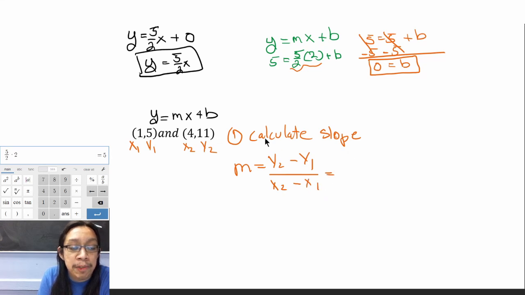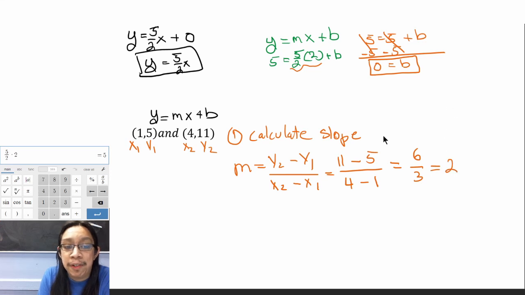Okay, so y2 is going to be 11 minus y1 is going to be 5, divided by x2 is going to be 4 minus x1 is going to be, or sorry, x1 is going to be 1. So let's simplify. 11 minus 5 is 6. 4 minus 1 is 3. 6 divided by 3 is going to get us 2. So that means that our slope is going to be equal to the number 2. So that's step 1. We calculated the slope.